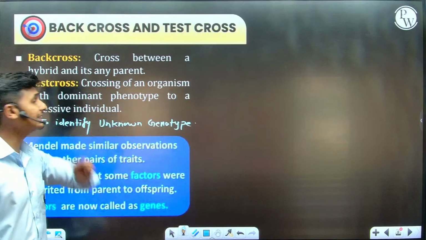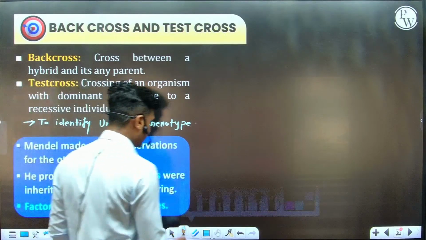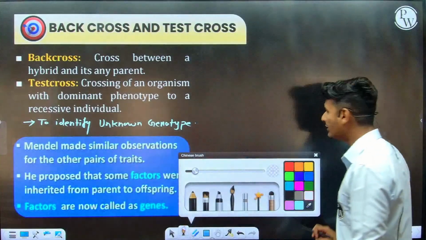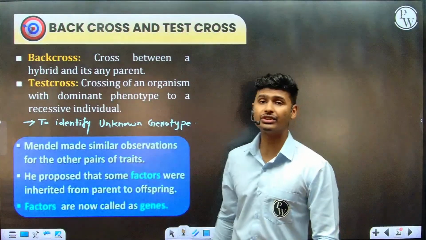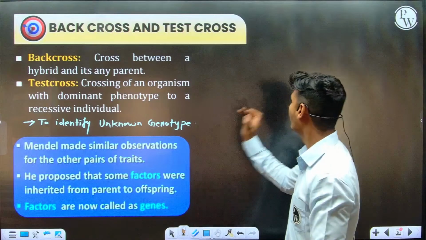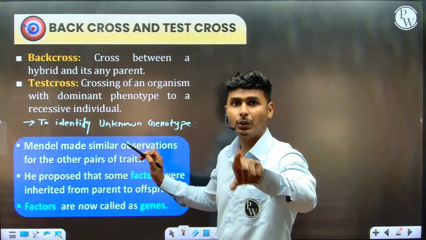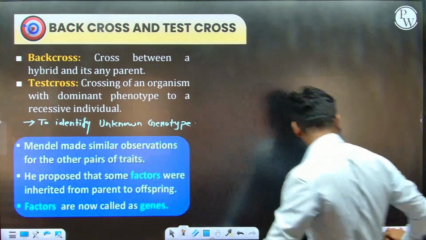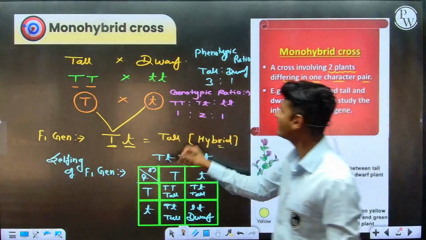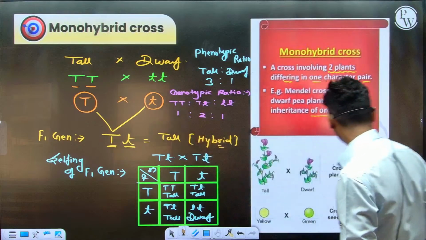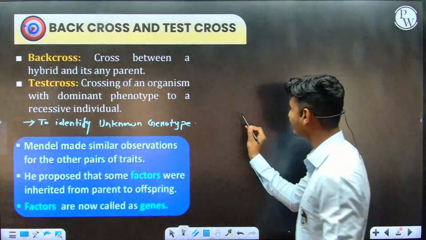Why am I writing this? Because the phenotypic ratio or genotypic ratio we are calculating by using a test cross looks like this. The unknown we don't know, but we have to cross this unknown with the recessive parent. Which is the recessive parent? This dwarf is the recessive parent. So take the recessive parent here for test cross only.